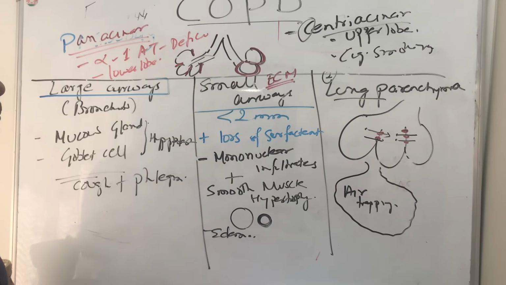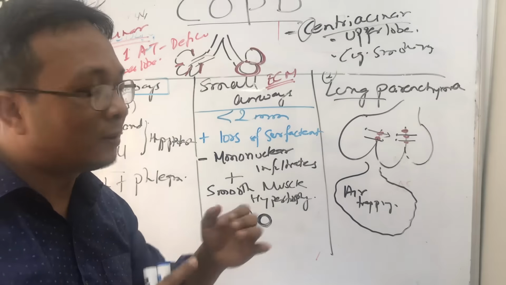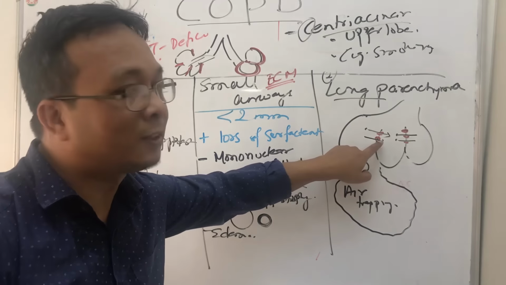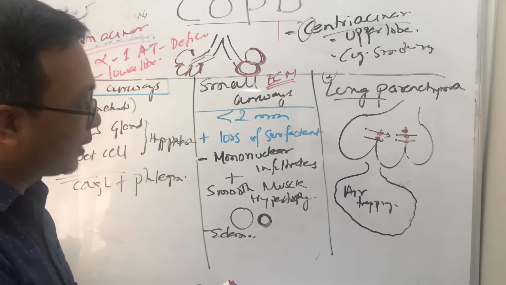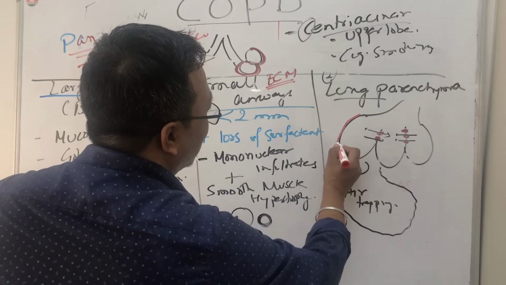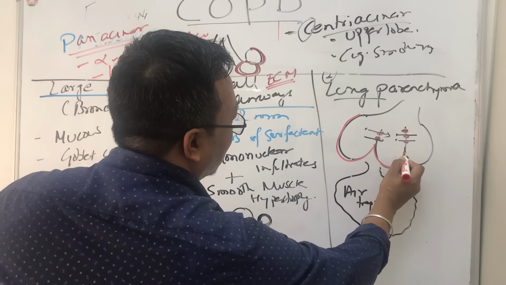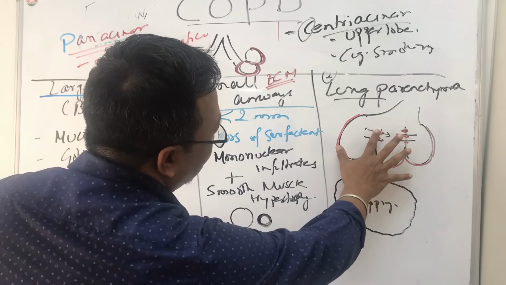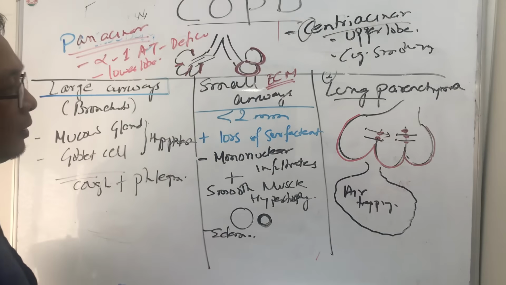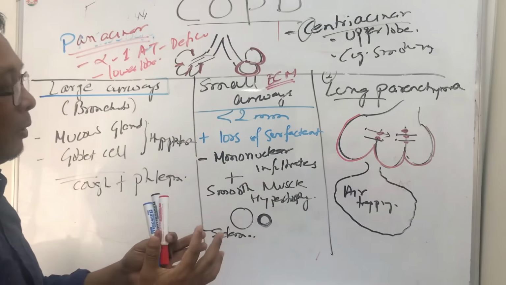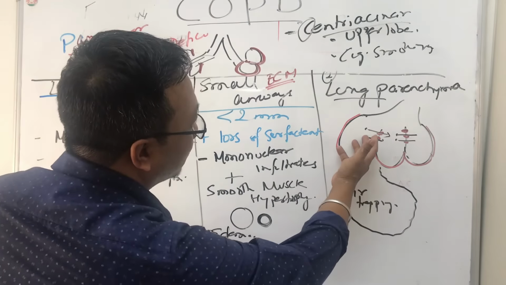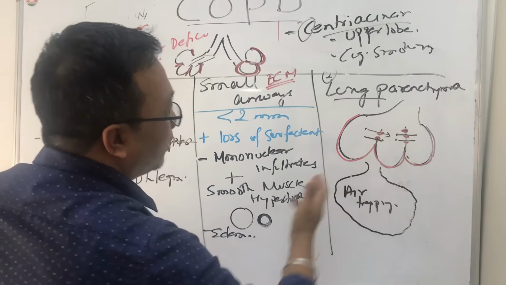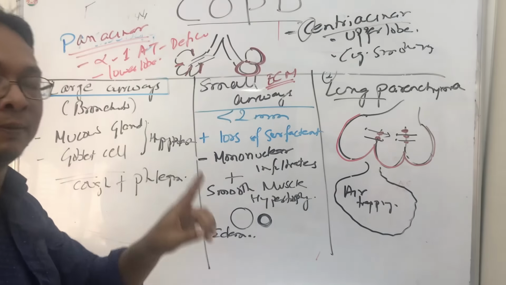So what happens in lung parenchyma? There is destruction of the alveolar septa with destruction of the extracellular matrix, which is due to elastin. The elastin fragment is destroyed and these alveolar septa are destroyed, so they lose the recoiling power. Instead of 3 or 4 small alveoli, it has now become one permanent alveolar sac. It is irreversible, remember.